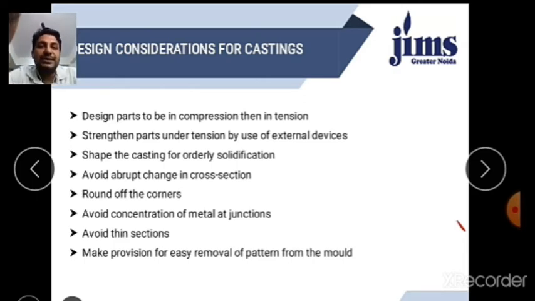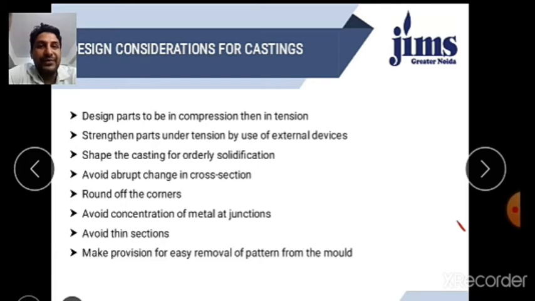First is design parts to be in compression, not tension. As we all know, casting products generally have very high strength in compression rather than in tension. So while you are designing a component which is to be manufactured through casting, it should be designed for compression, not for tension.